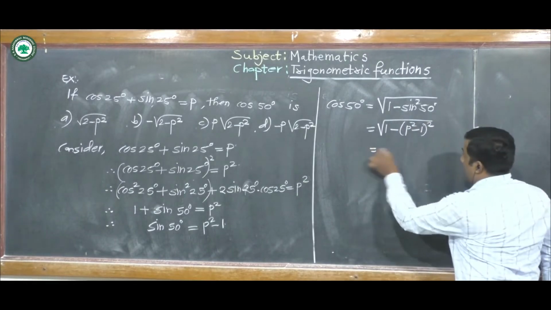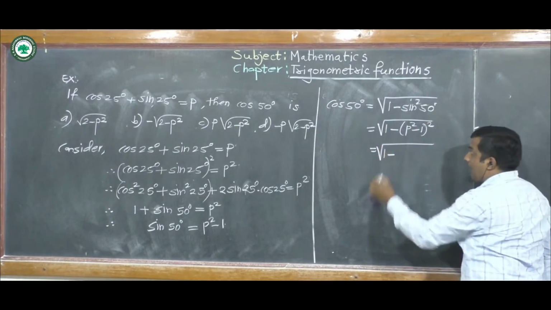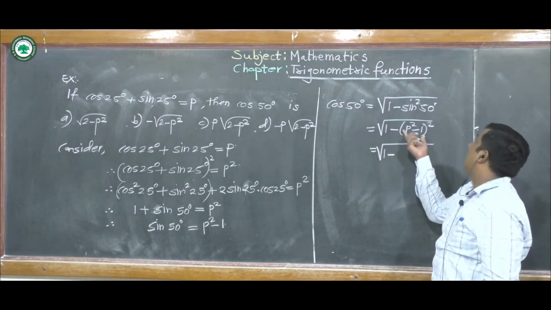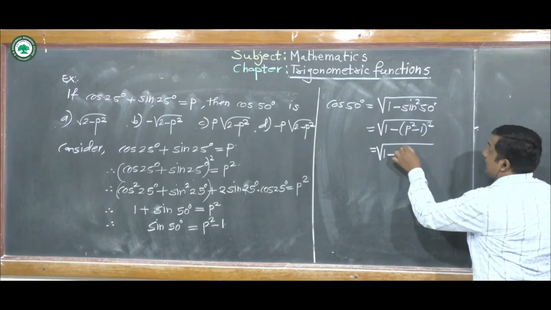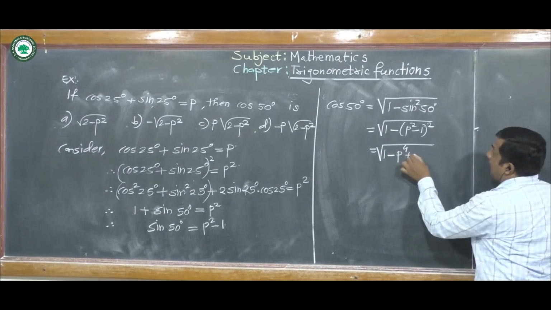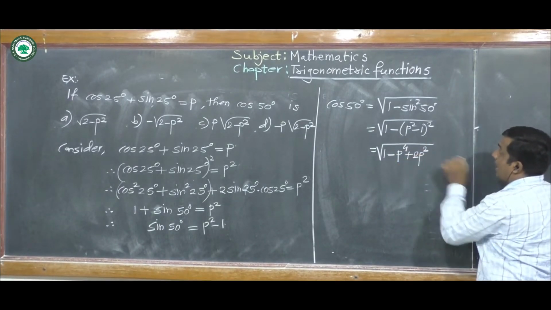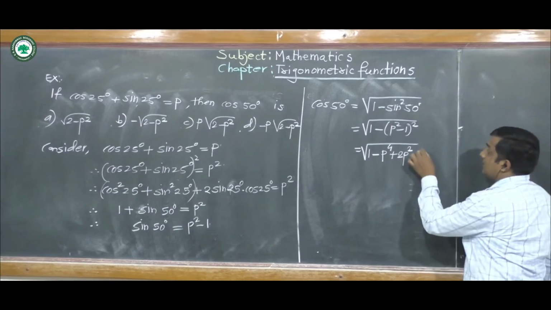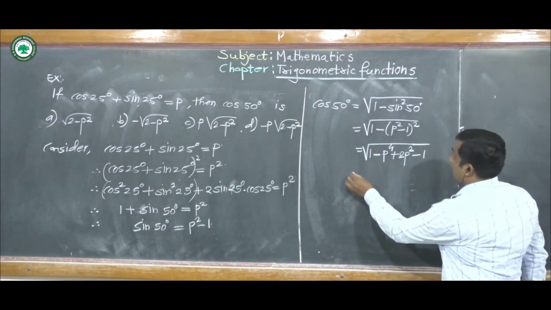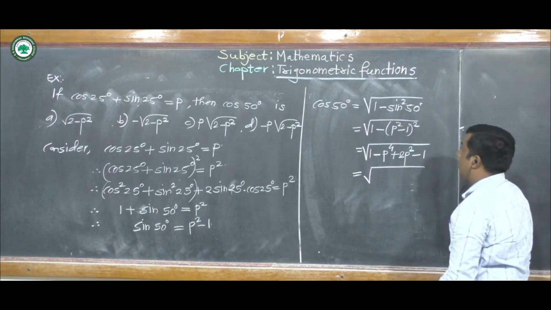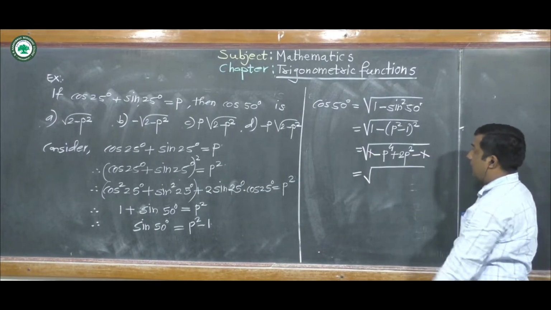Now we expand this P square minus 1 bracket square: minus P raised to 4, plus 2P square, minus 1. Then inside the square root, plus 1 minus 1 cancel.